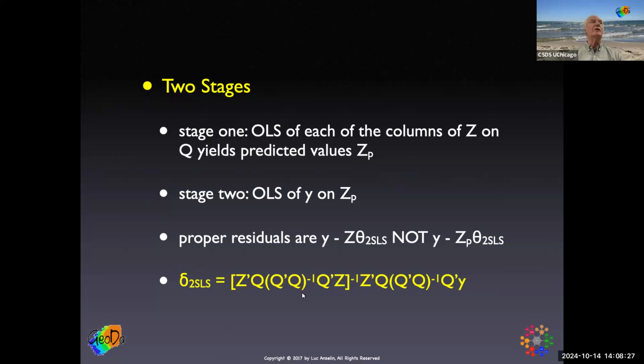If you do all the dimensions, I'll just do it once. Z prime is K by N. Q is N by, let's call it M, where M is the number of the original exogenous variables plus all the instruments.